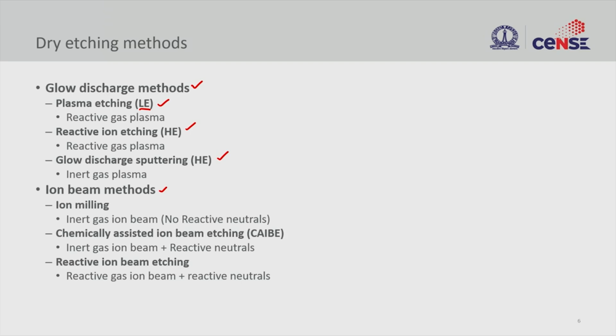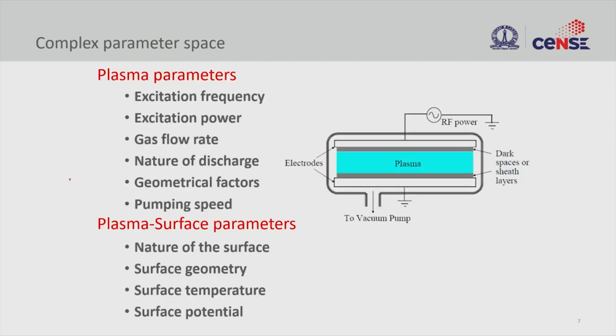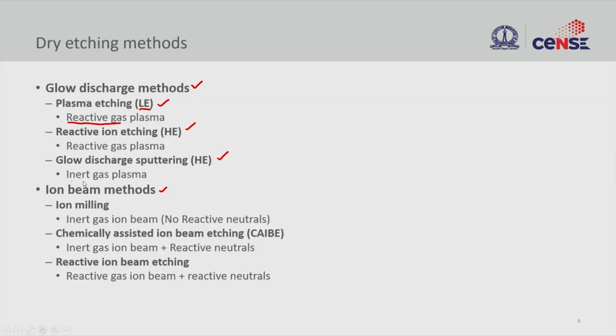In plasma etching and reactive ion etching, we use reactive gases in both cases. But in sputtering, you use an inert gas. Similar to PVD, physical vapor deposition that uses a sputtering process, here again we use an inert gas and accelerate those ions onto the substrate to sputter the material away. There is no chemical reaction, but in the above two cases you have some chemical reaction to convert solid to gas.